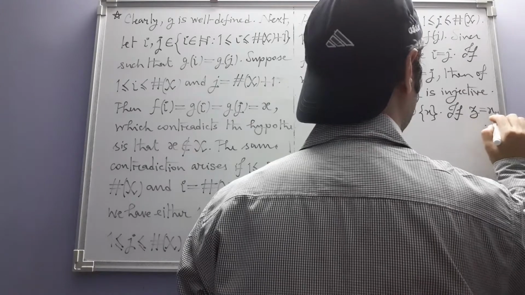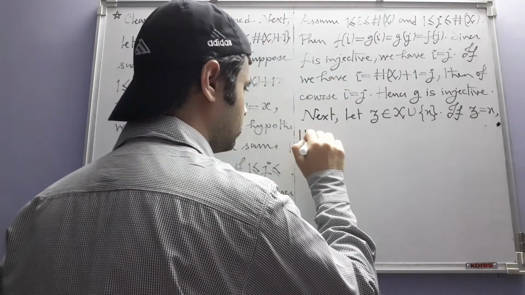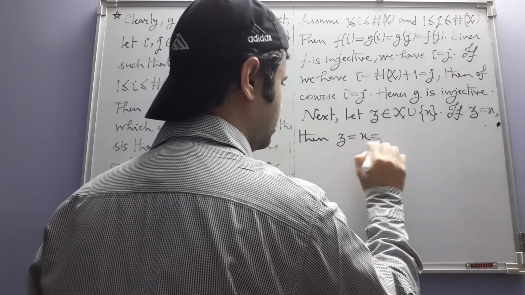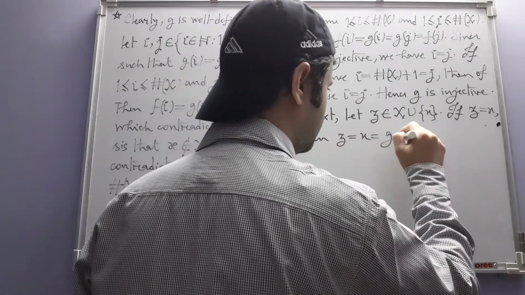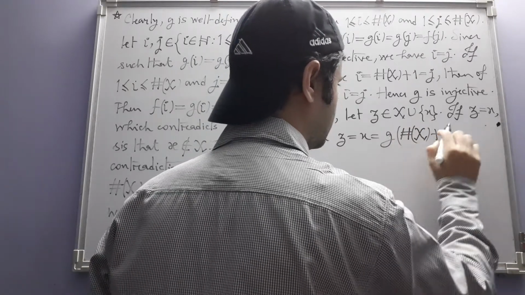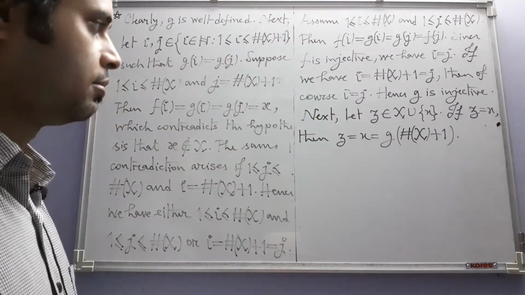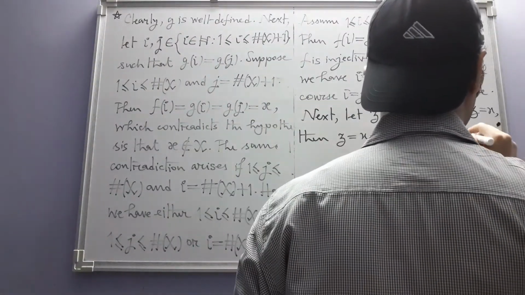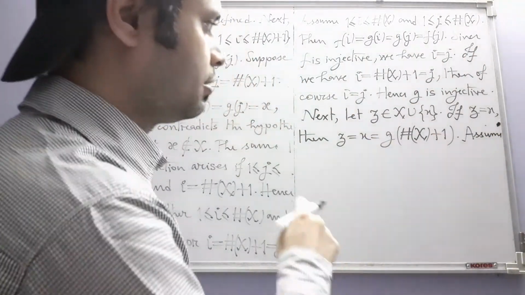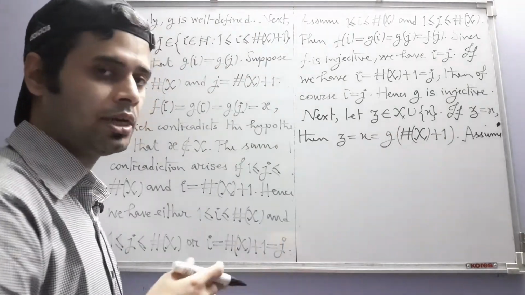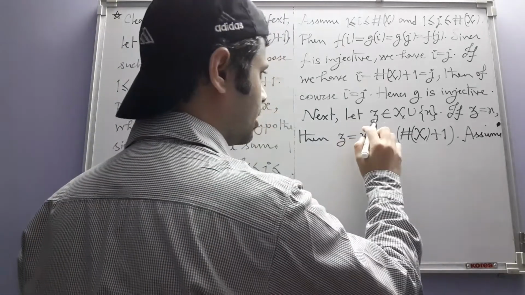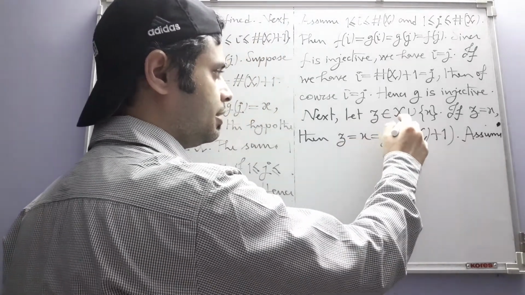If z is equal to x, then z appears as the g image of this natural number by the definition of g. So that means if z is here, then we have a pre-image of z under g. This is the pre-image. So now next thing is we assume z is in x.